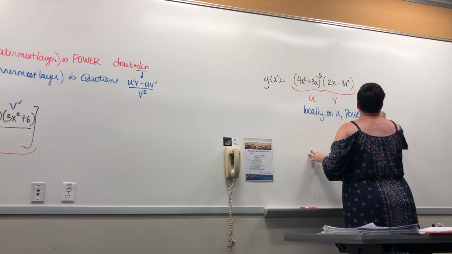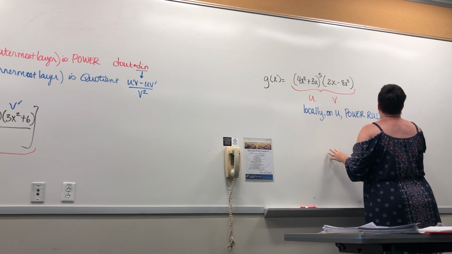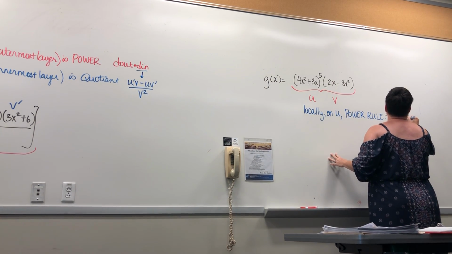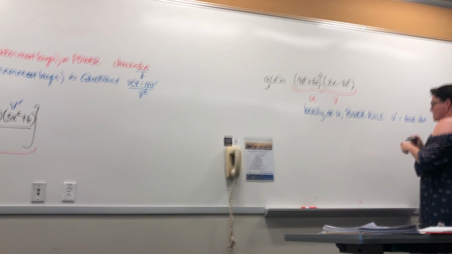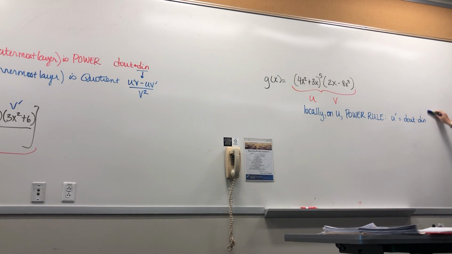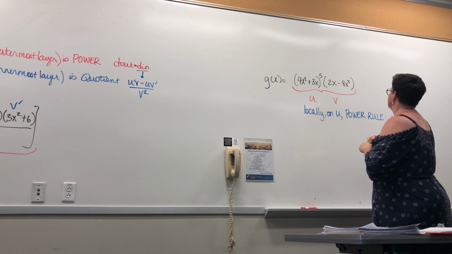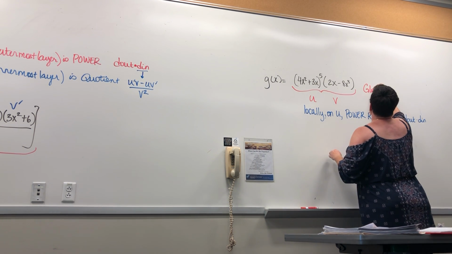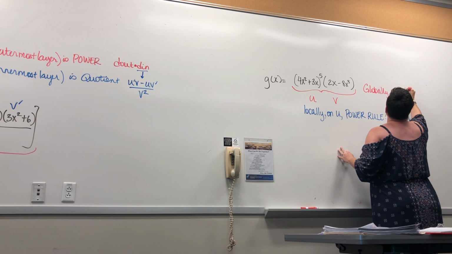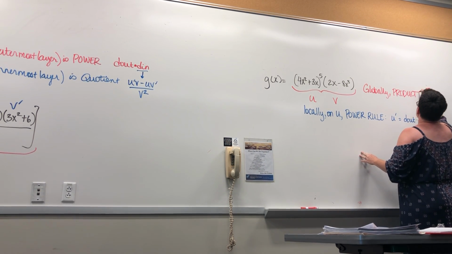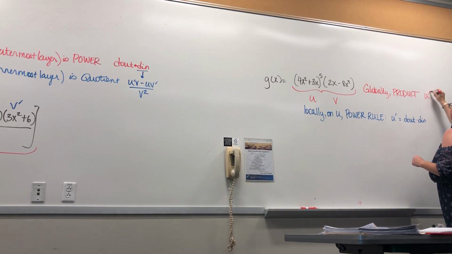So when we go to take U prime, it's going to be some d out dn, isn't it? So I'm laying the ground rules for what I'm doing here. Globally, I have a product.